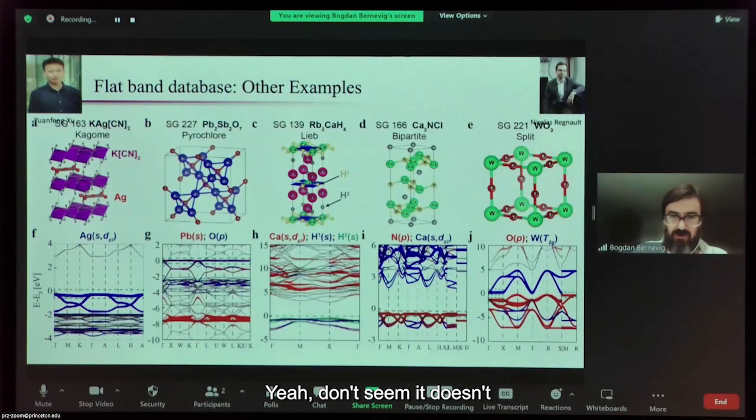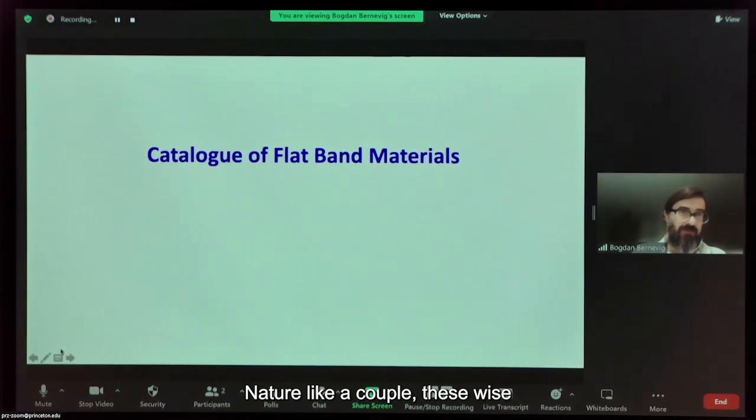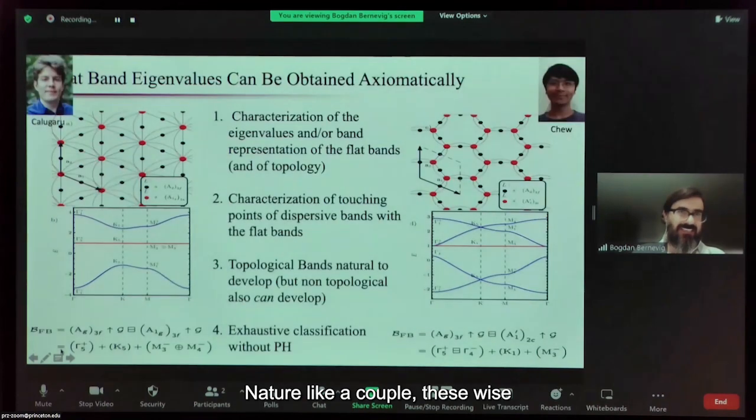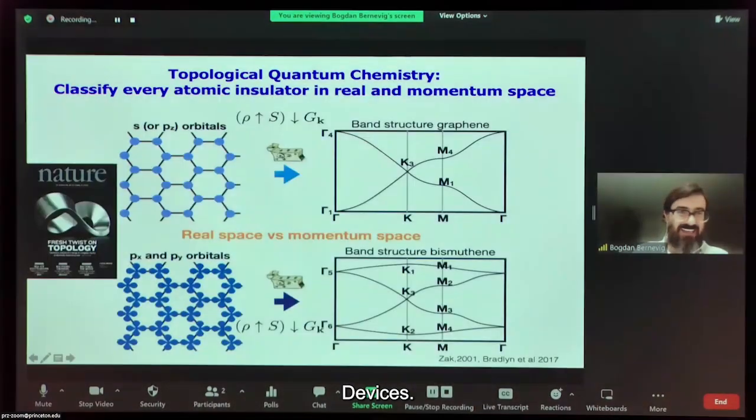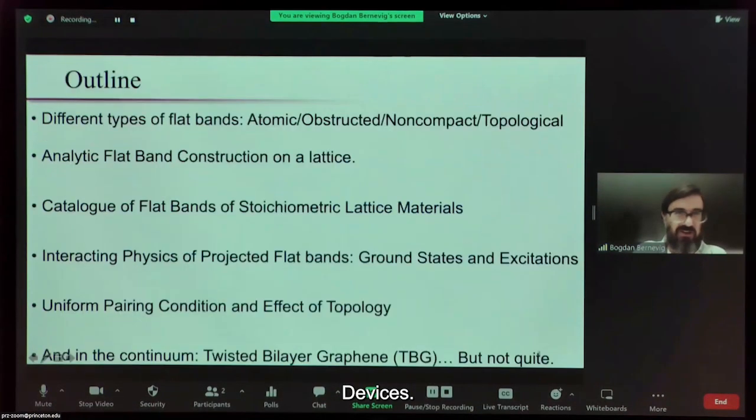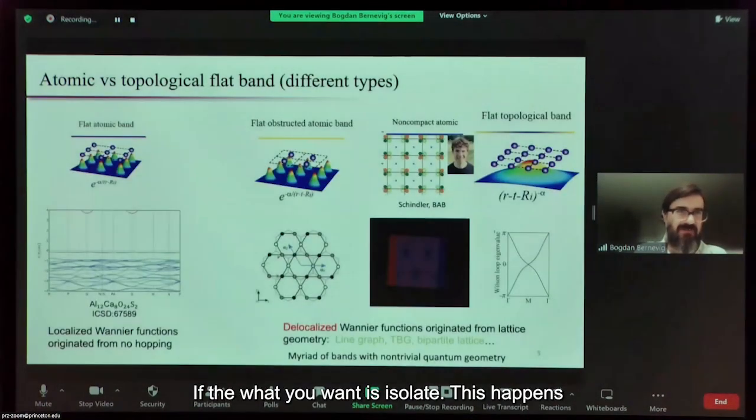For example, there's a small gap here, and so on. But nature likes a planar structure that looks like this. This is an isolated flat band, unfortunately, due to the fact that these are very strongly localized on site. Have I answered your question? Yes. Thank you.